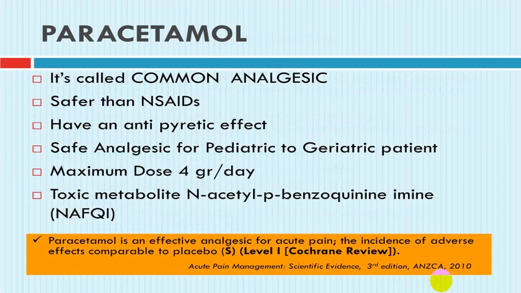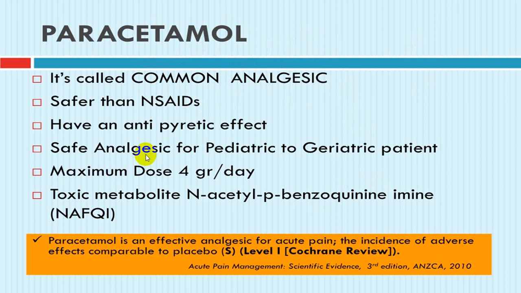Now we come to the second compound we call paracetamol, mainly utilized as an antipyretic and a mild analgesic, not a good analgesic, but still for a common simple mild pain like headache, body ache, that is the safest analgesic. So it is called a common analgesic. It is safer than NSAID, hence the word common analgesic.